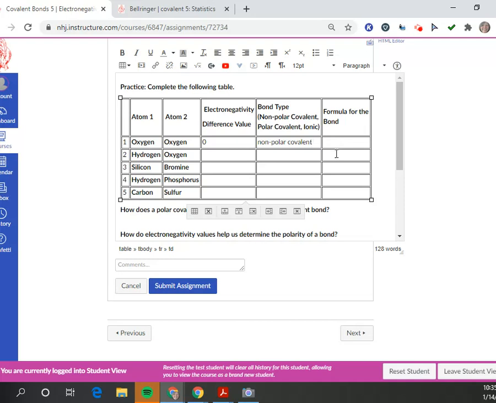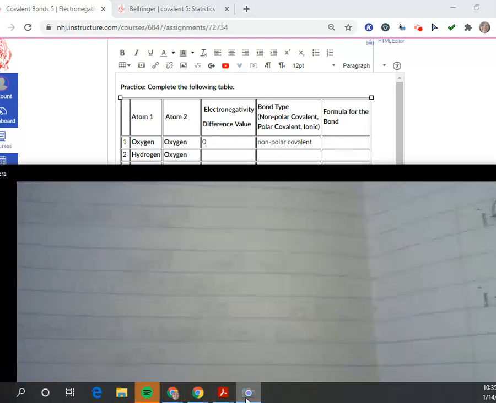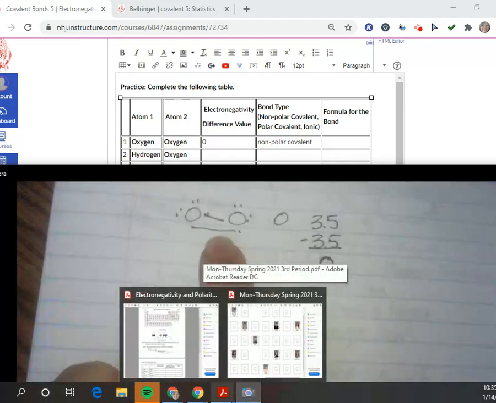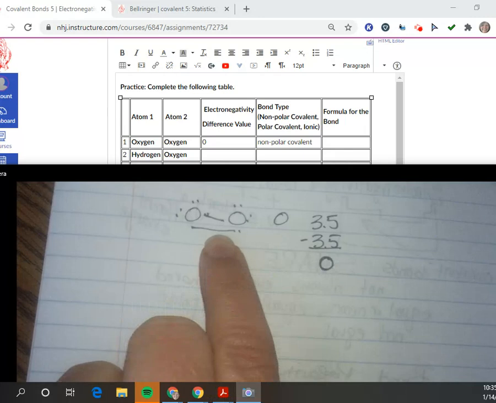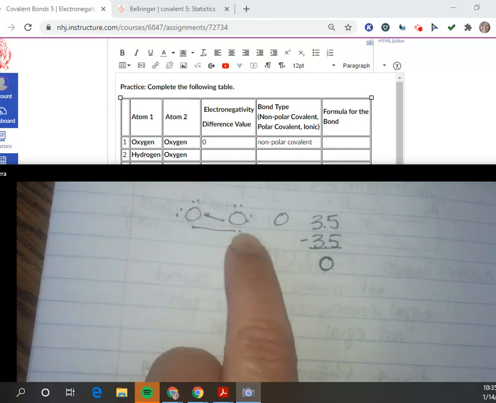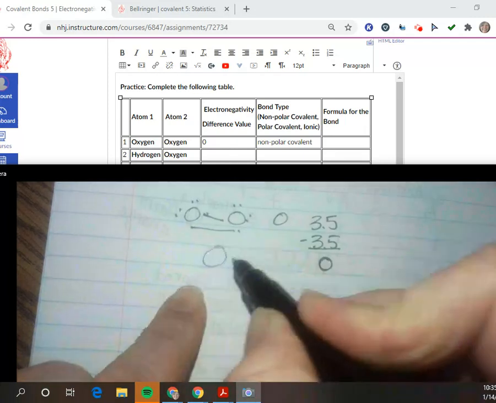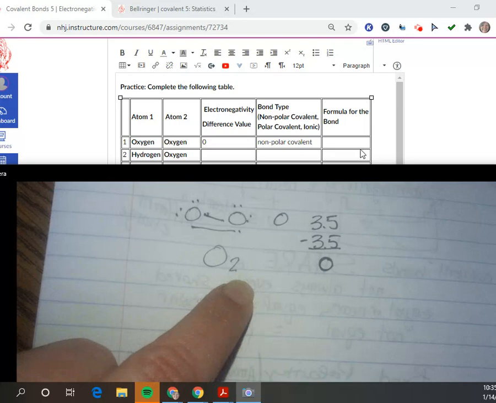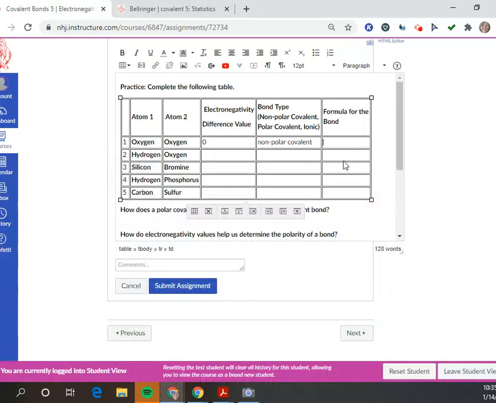And then I look back at what I had written for that example, and I know that my oxygen is going to be, I just need 2 of them. So my formula would be O2. And my formula for the bond, I'm going to put O, and then I can use the subscript tool here and make it a 2.